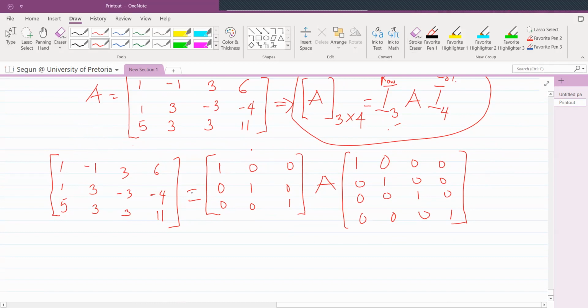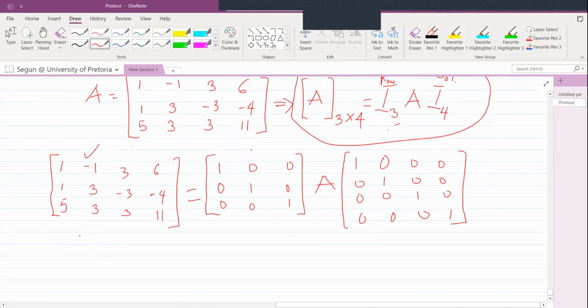Now, for us to solve this problem, who can tell us what to do first? We are starting the operation from here. If you want to talk, just unmute yourself. Okay, Deborah. Yes, sir. To get to column 2.